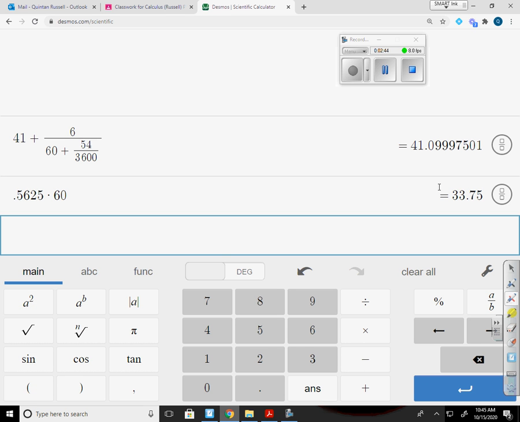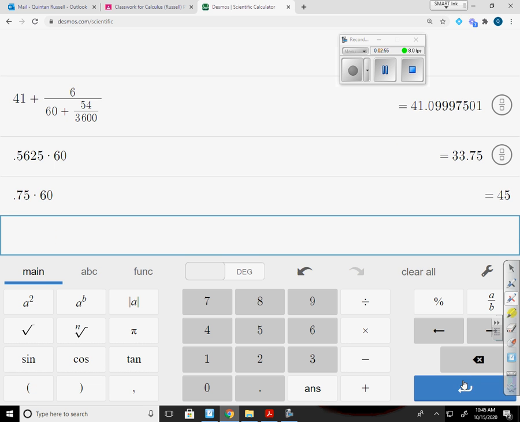It gives you this number. And whatever is the decimal here, so it's 33 minutes now, and then you do 0.75 times 60 as well, and you'll get 45. And that's the seconds.